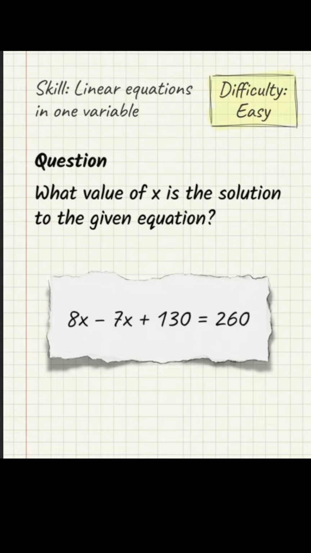So the question is that what value of x is the solution to the given equation, and the equation given is 8x minus 7x plus 130 is equal to 260. So we'll solve the question together. So yeah, 130 is one of the answers, so we'll see if 130 is the correct one.